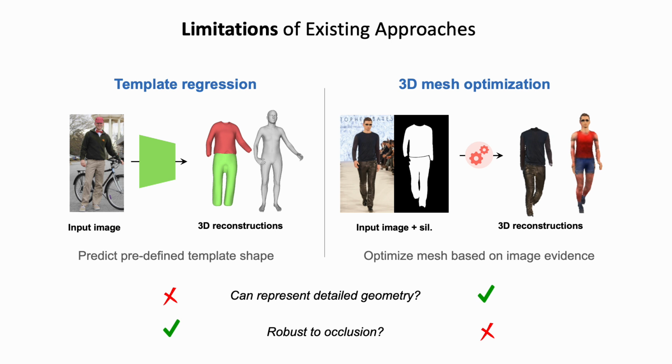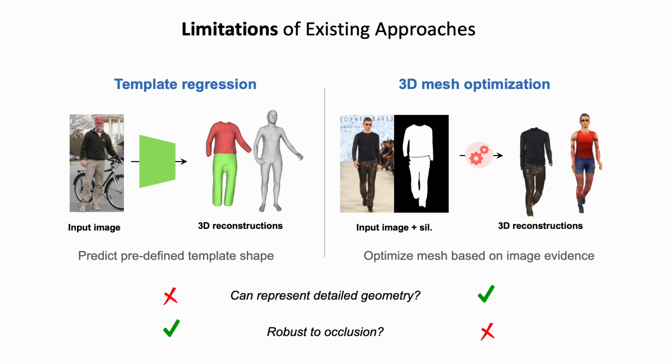So it enjoys plausible 3D shapes. On the other hand, the optimization-based approach directly adjusts the 3D mesh to match image evidence such as silhouette. But the image evidence is sometimes imperfect due to occlusion, leading to wrong reconstruction.